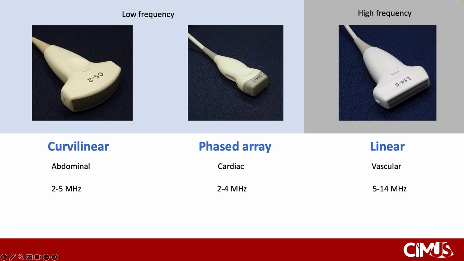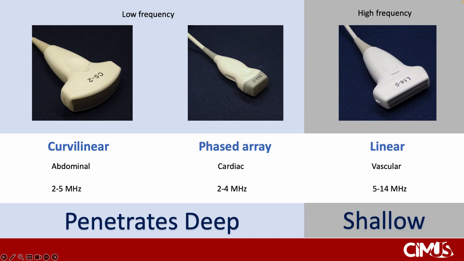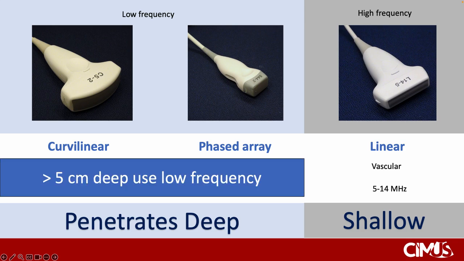But in essence, low-frequency transducers allow sound waves to penetrate deep, often in the range of 30 centimeters or more, while the linear transducer generally is reserved for shallow and superficial imaging, very seldom deeper than 10 centimeters. A good rule of thumb is that anything you need to image greater than 5 centimeters deep, think about using a low-frequency transducer.